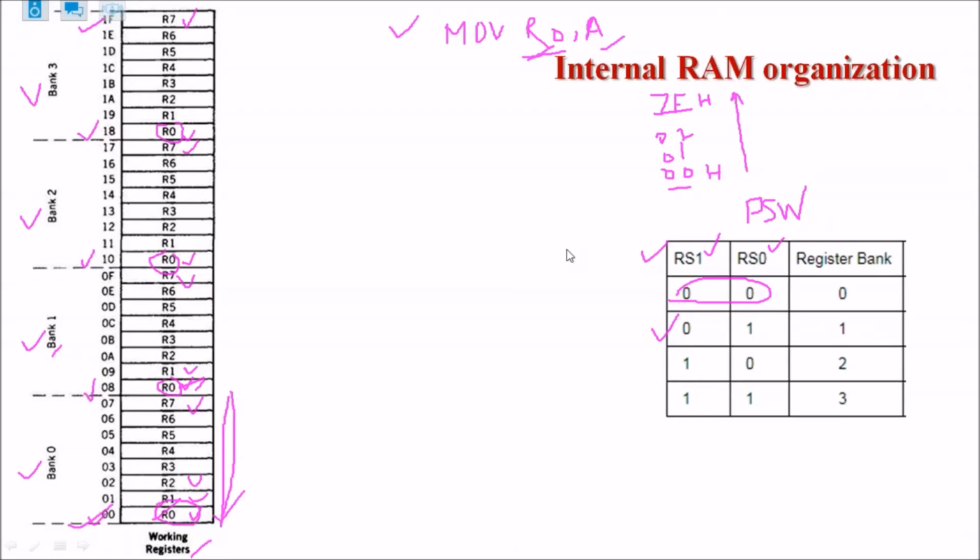There are 4 register banks, each with 8 registers, and the names are the same in each bank, R0 to R7. So there are 32 memory locations, 00 to 1FH. The user can use these to store data.